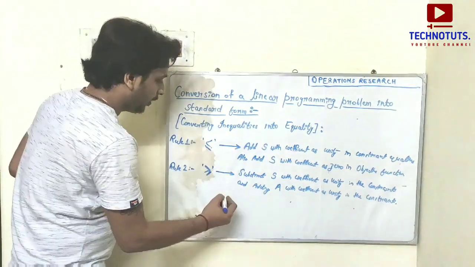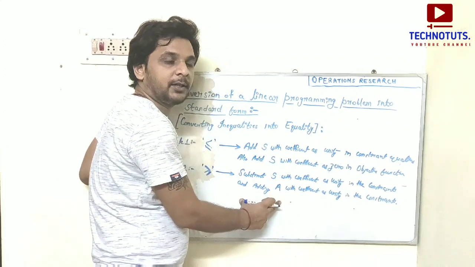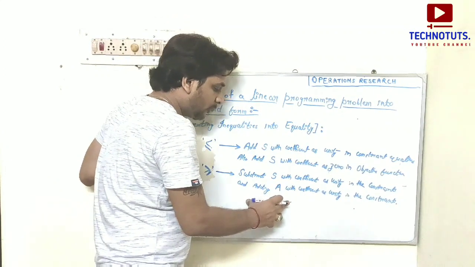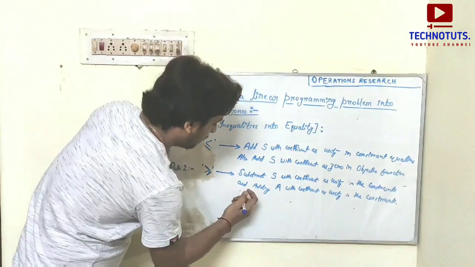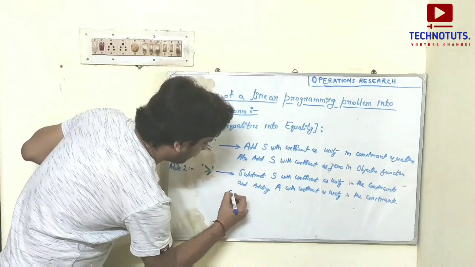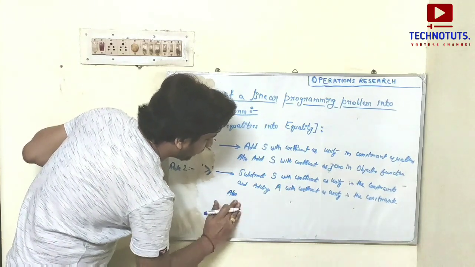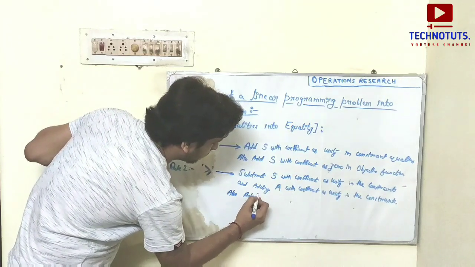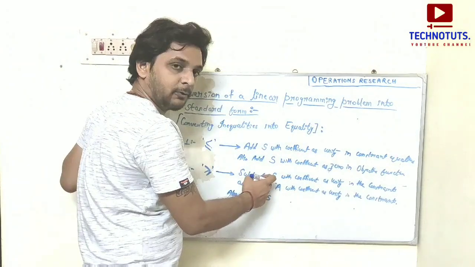Okay, now when you are adding or subtracting any variable in the constraint equation, you have to also add and subtract the same variable in the objective function also. So rule number 2 also says that you have to also add the slack variable s that you have subtracted over here.